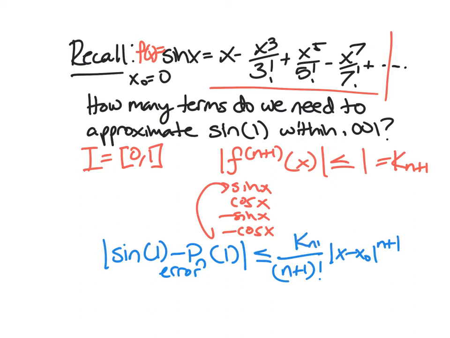Here, maybe I'll go ahead and just do this in 2 steps. And so what is this? This was 1, and then x is 1 here, and x naught is 0, so this just disappears. So basically, our error is 1 over n plus 1 factorial.